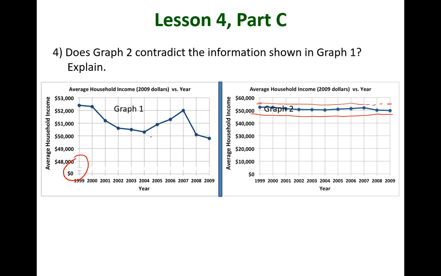Well, if you blow it up great big, you can see those small fluctuations. Graph 1 makes small fluctuations in household income look much larger. By starting here at 0, you get a more realistic picture of what a small change that really was.